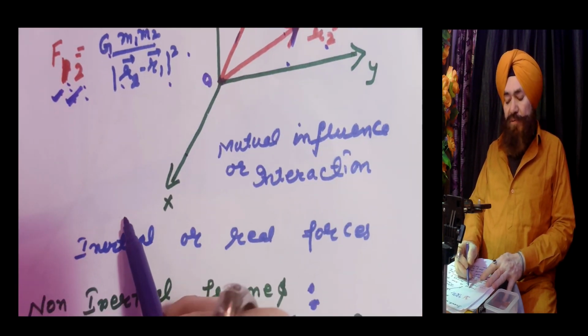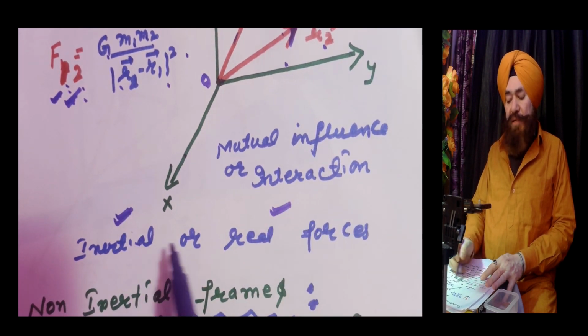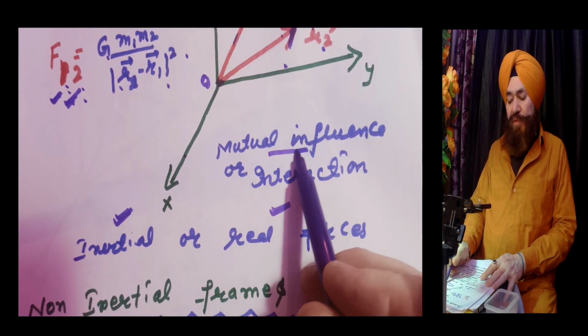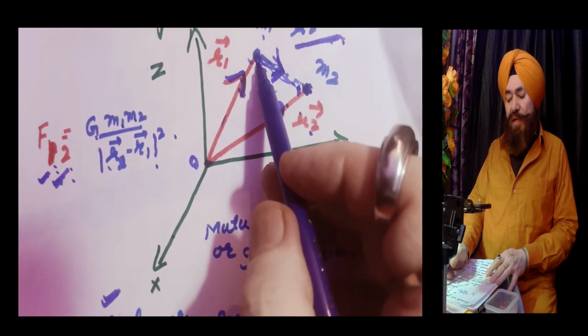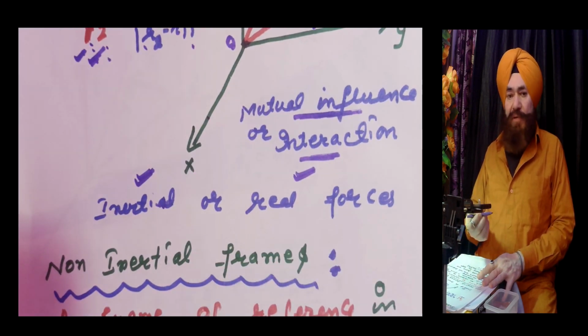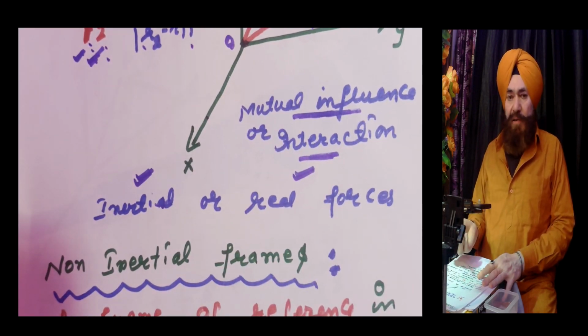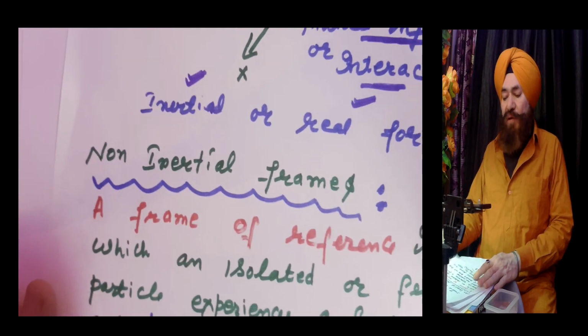And a real force is called the inertial force. Remember always, because of mutual influence or interactions, when they're mutually interacting, it is real. Like I'm interacting with you, it is real.